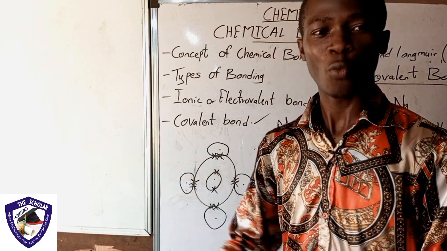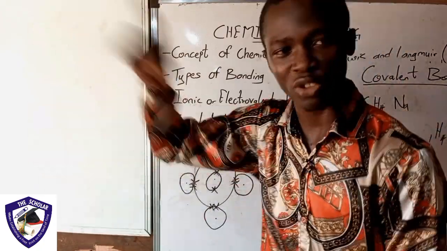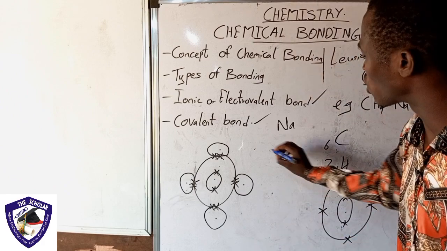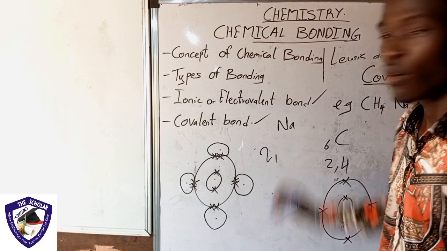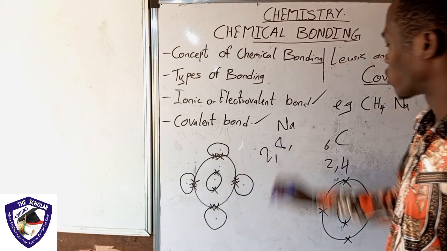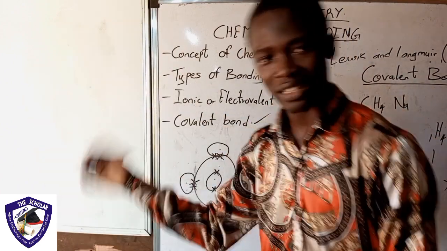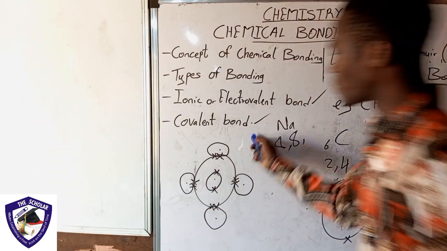I said octet configuration is attained when an atom is able to complete the number of electrons it is supposed to carry. The first shell is capable of carrying 2 electrons, while the second shell carries 8 electrons, the third shell 8 electrons, and so on. Now I talked about the covalent bond.